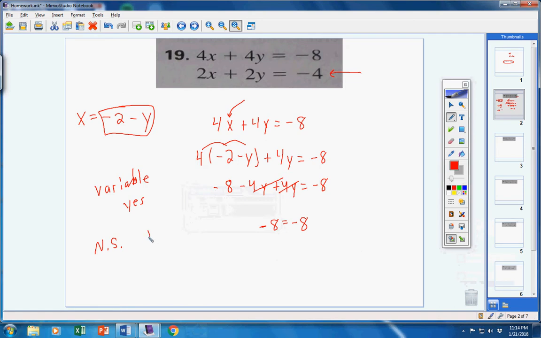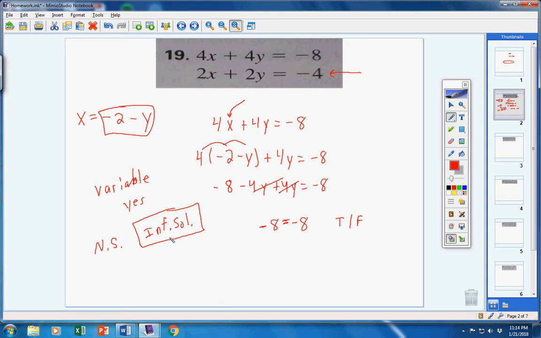Or we could also say infinite solutions. Okay? So here we go. My variables canceled out, and you're left with a true or a false statement. Well, it's true. -8 equals -8. So that means the answer is infinite solutions.